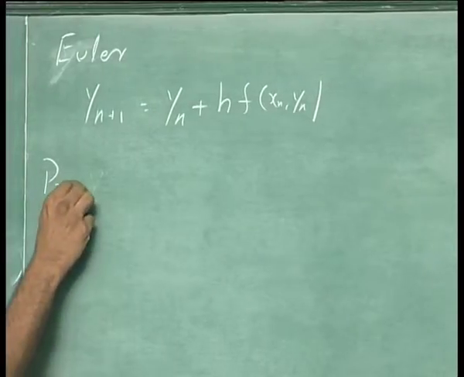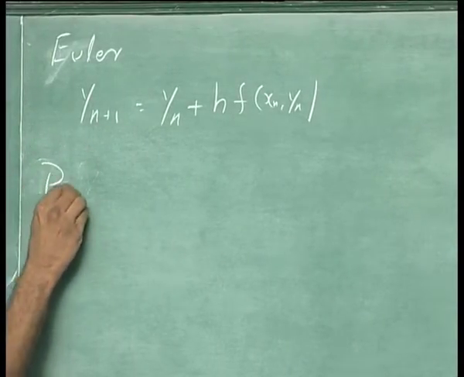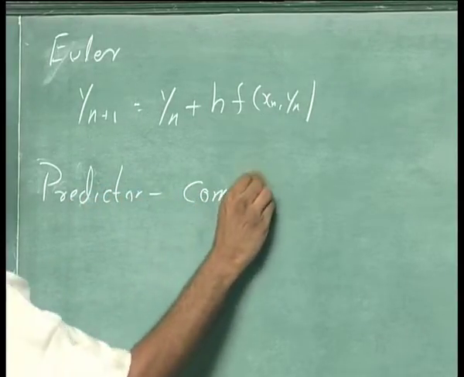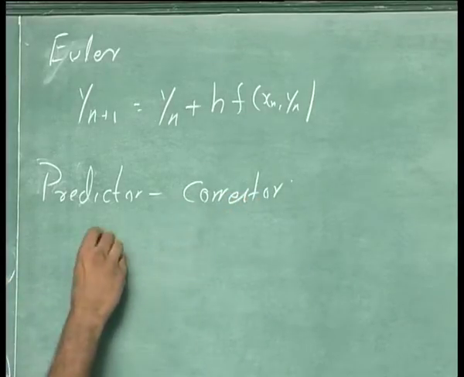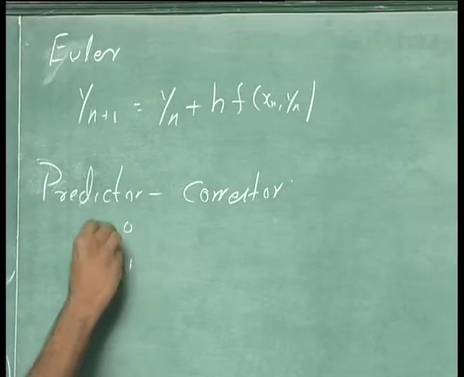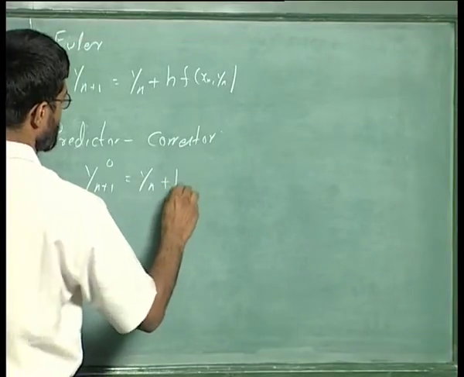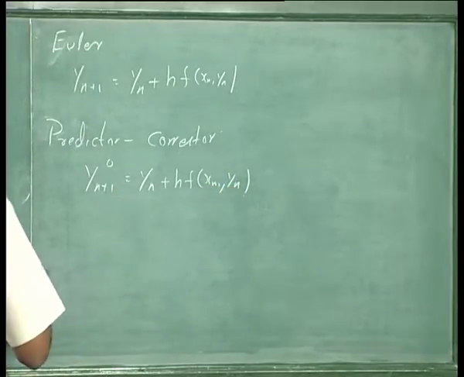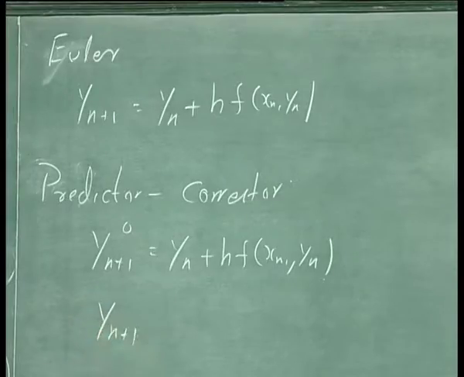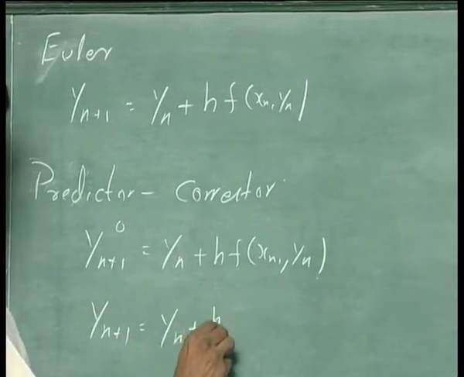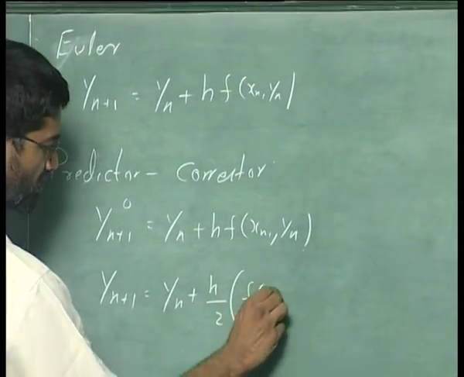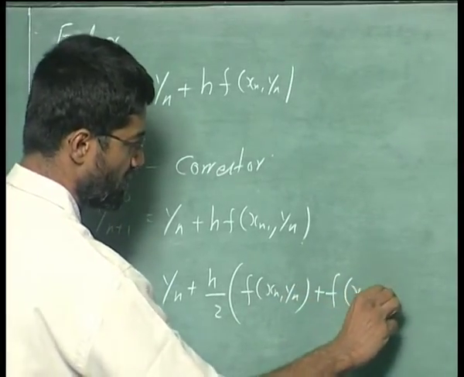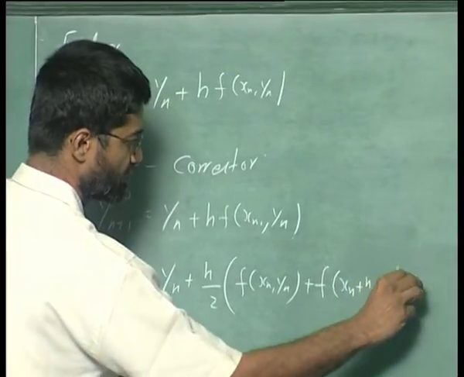So in the predictor corrector method, we wrote yn plus 1 0 as yn plus h times f of xn comma yn, and then we wrote yn plus 1 as yn plus h by 2 into f at xn yn plus f evaluated at xn plus h comma yn plus 1 0.